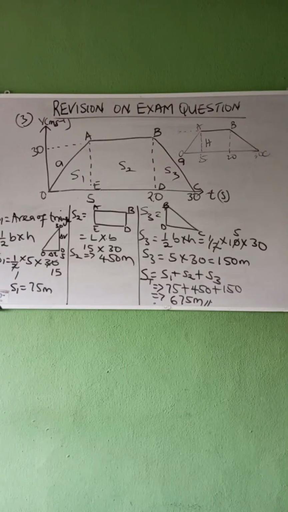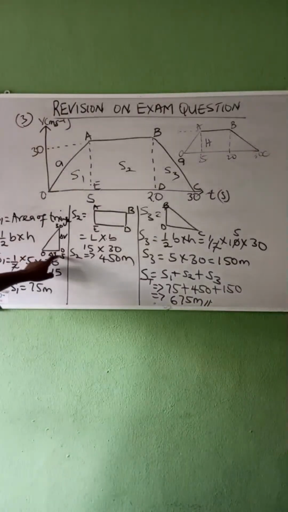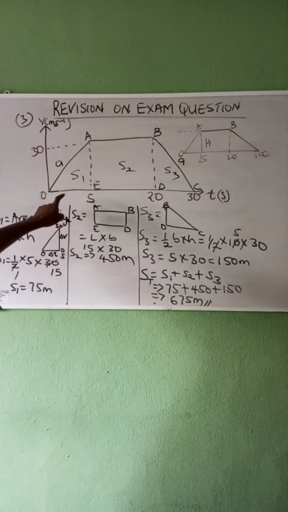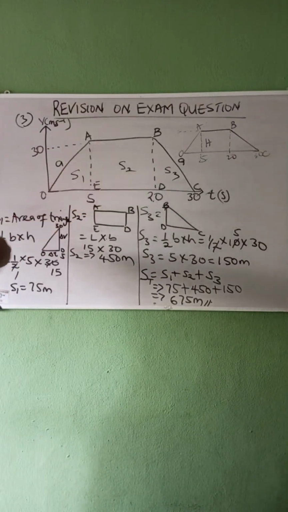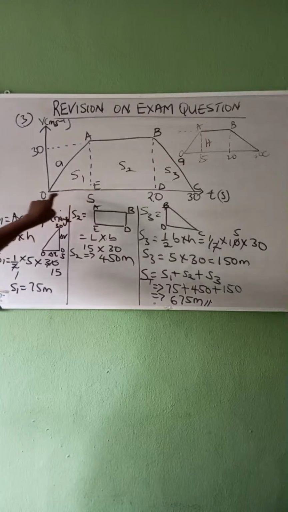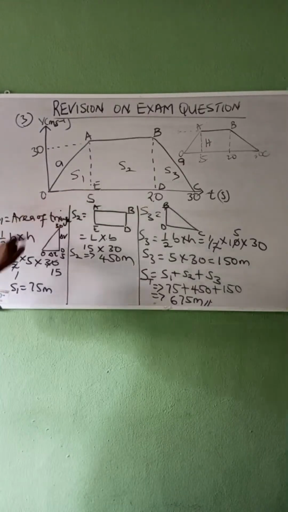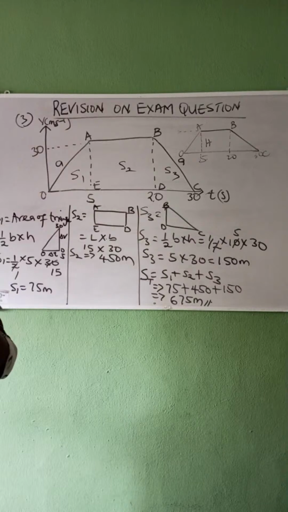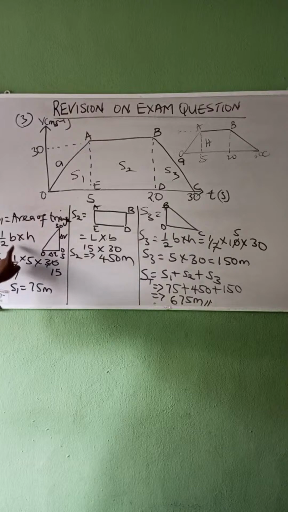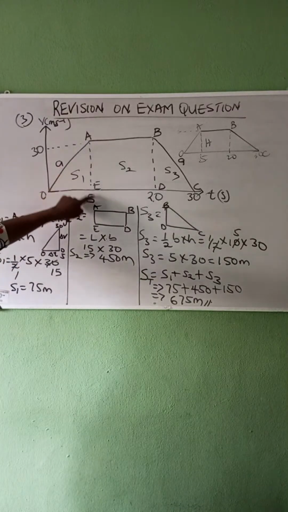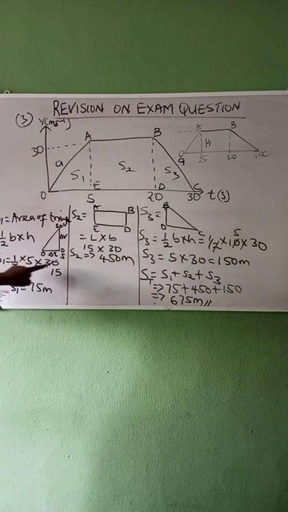S1. S1 is the area of a triangle, half base times height. Half, this is the base. This and this is the base, this is the height. Now, for the base, the difference between here and here is what? 5 minus 0. When you're looking for distance, you're looking for difference. Difference between this and this, 5 minus 0 is 5, and the height is what? 30 minus 0 is 30.